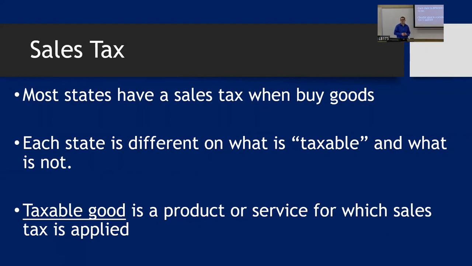So if you go into Meijer down the street here, we're in the middle of Michigan, and you buy a box of cereal, do they apply sales tax to that in Michigan? They don't, right?